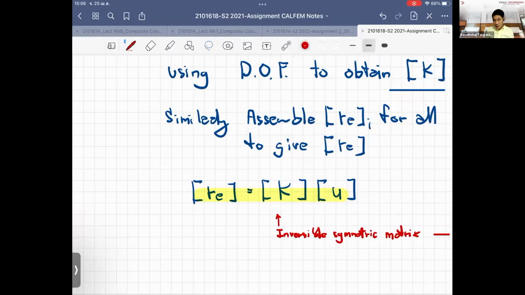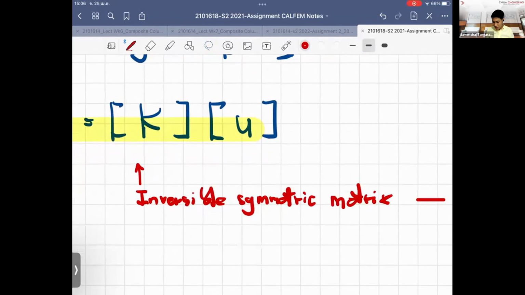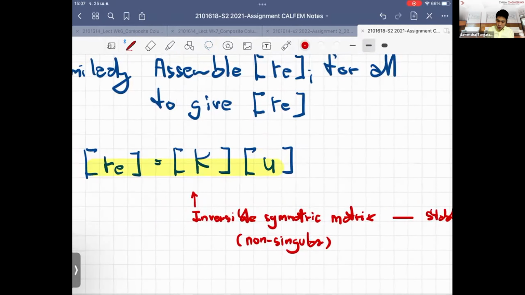When we talk about the inverse matrix, we call this a non-singular matrix. By looking at the mathematical rules, to make it solvable, you need to have the matrix be a non-singular matrix or invertible matrix. And of course, this has to be symmetric, right?